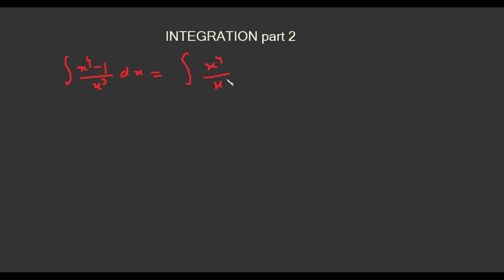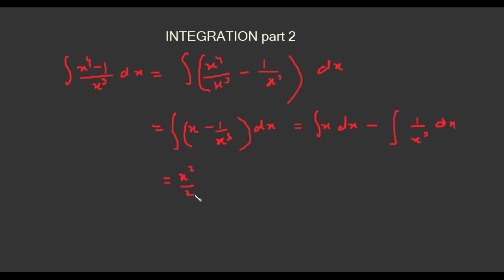Then we separate them, and this becomes integration of x minus 1 upon x cube, which gives us integration of x raised to power minus 3. So this in turn gives us the result.